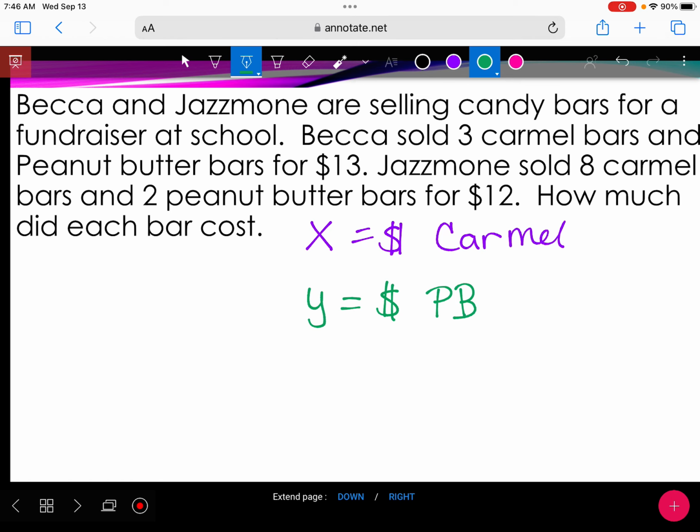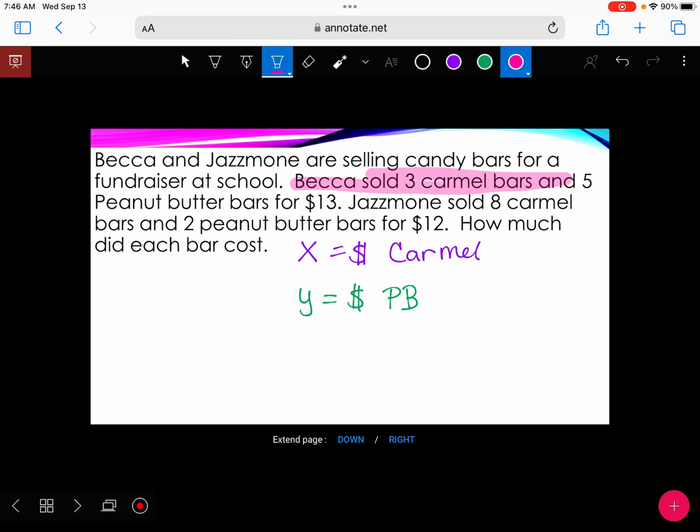And what we're going to do next is we're going to write an equation for each of these girls. Becca sold 3 caramel bars and 5 peanut butter bars for $13. So Becca's going to get an equation. How can I write Becca's fundraiser as an equation?